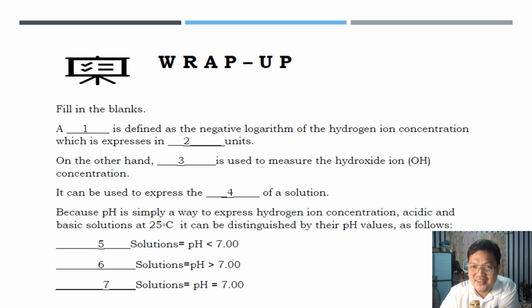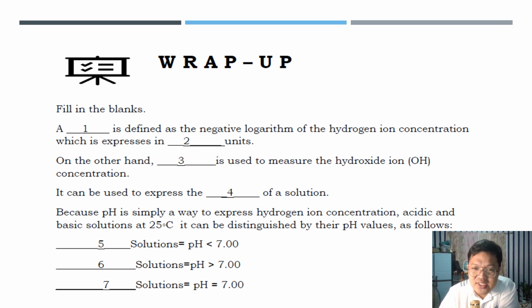Ready for the answer? So let's try to have now the answer. So number 1, pH is defined as the negative logarithm of the hydrogen ion concentration, which is expressed in molar or mole per liter units. On the other hand, pOH is used to measure the hydroxide ion concentration.